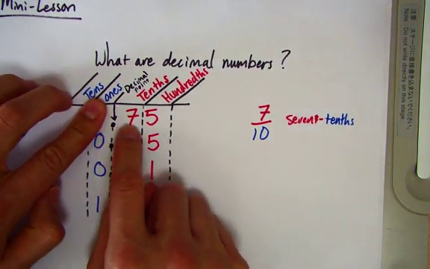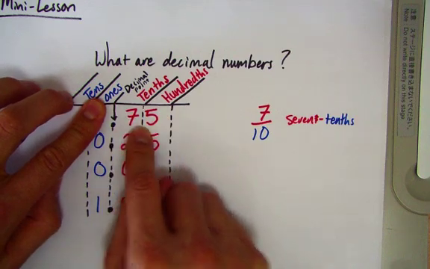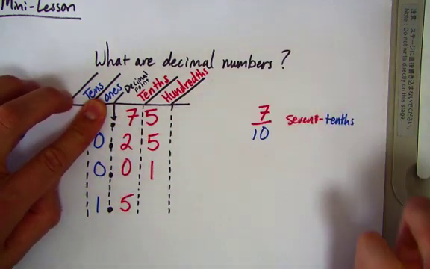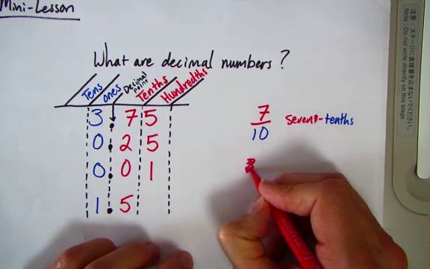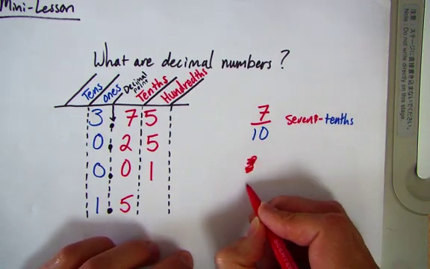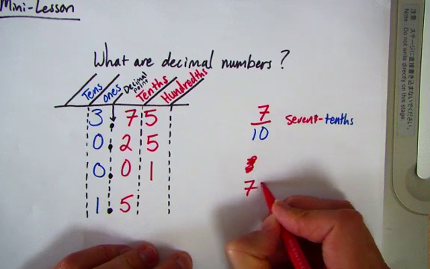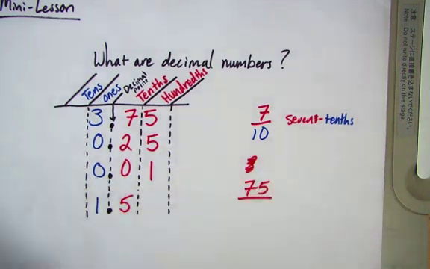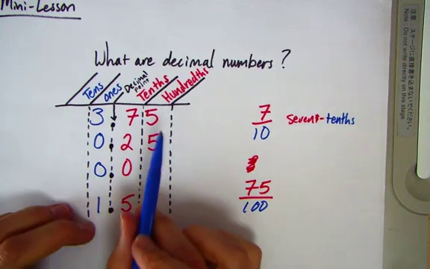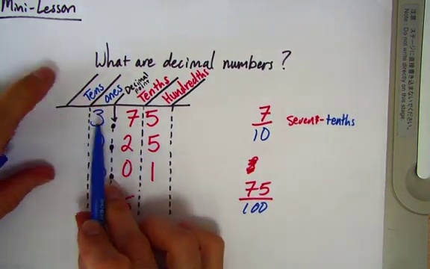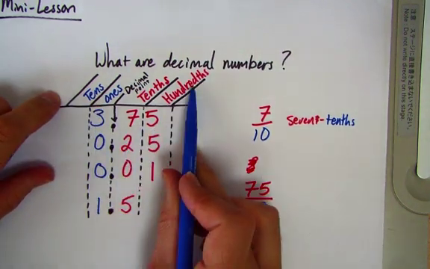So look at this. If that was just 75, you would say 75 hundredths. So let me write that really quick as a fraction. Oof. I don't know what was going on there. 75 hundredths. There it is. I would say 3 and 75 hundredths.